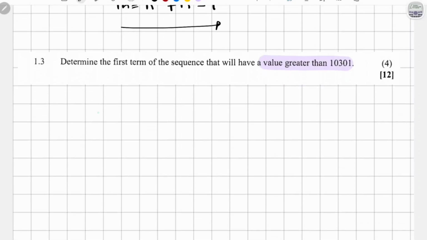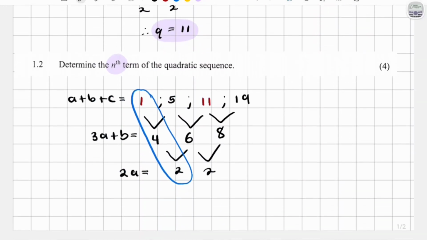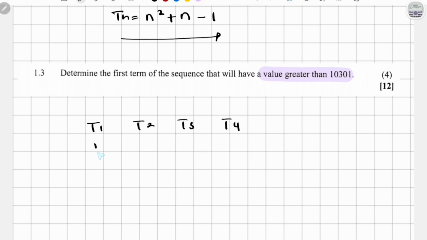So this is really what's going on. You have terms, right? So of course I have term 1, term 2, term 3, term 4, and this can keep going, right? That's the term numbers. Then these terms have values, right? We already know the values of the first 4 terms, 1, 5, 11, and 19. These terms have values.